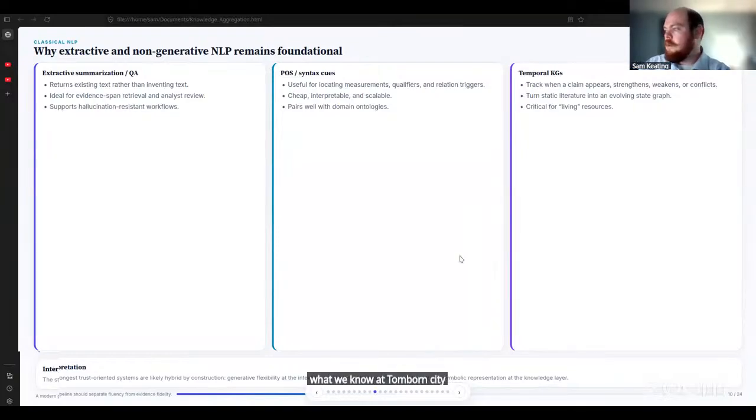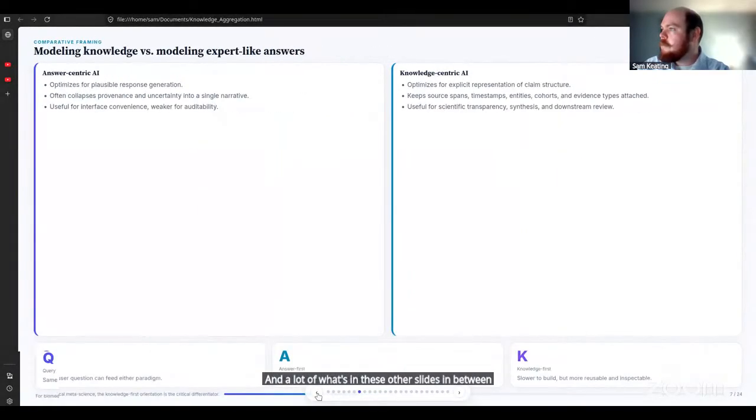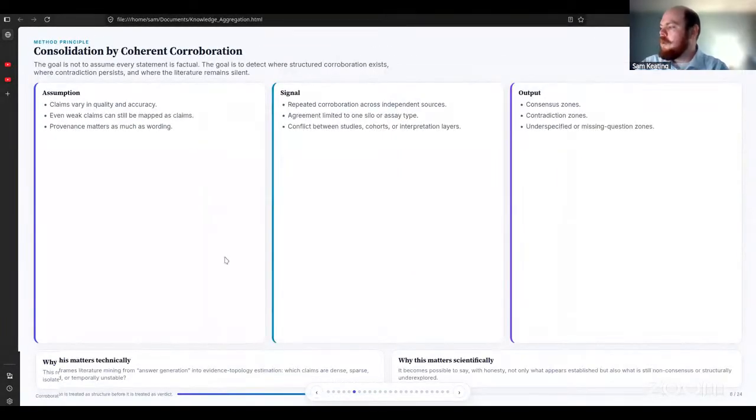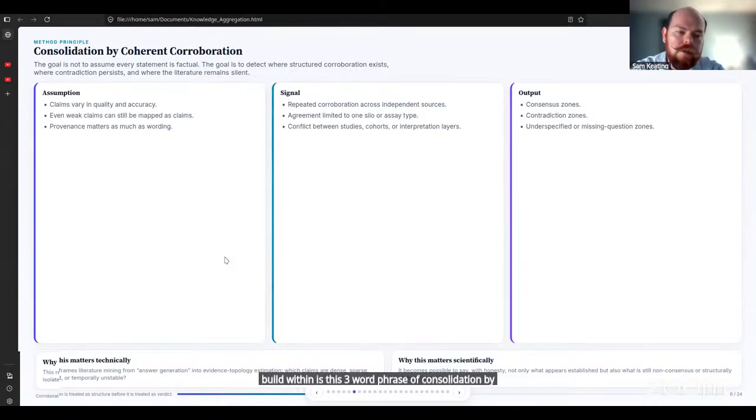And a lot of what's in these other slides in between, one of the frameworks that I like to build within is this three-word phrase of consolidation by coherent corroboration. So both flavors of knowledge aggregation that are really heavily leaning on correlation, causation, and directionality of does A cause B or did B cause A?